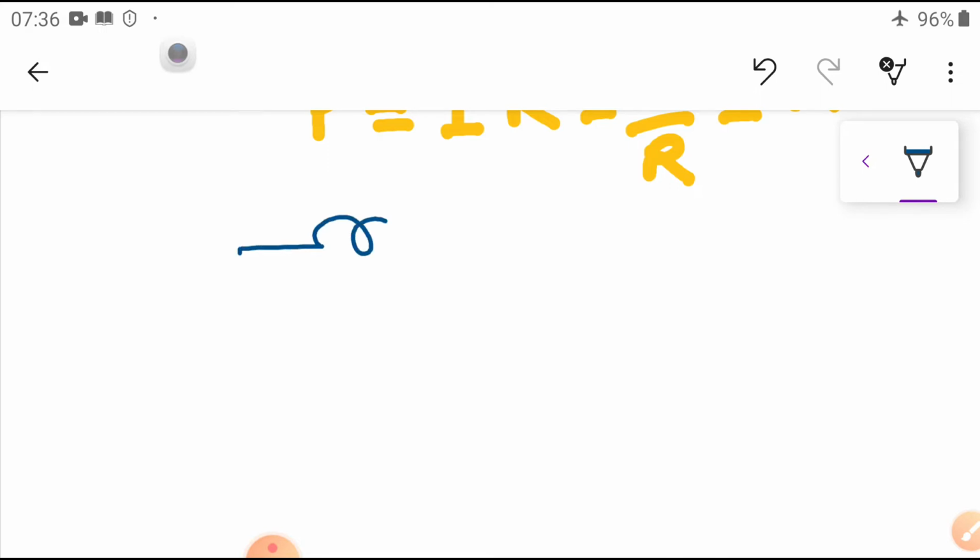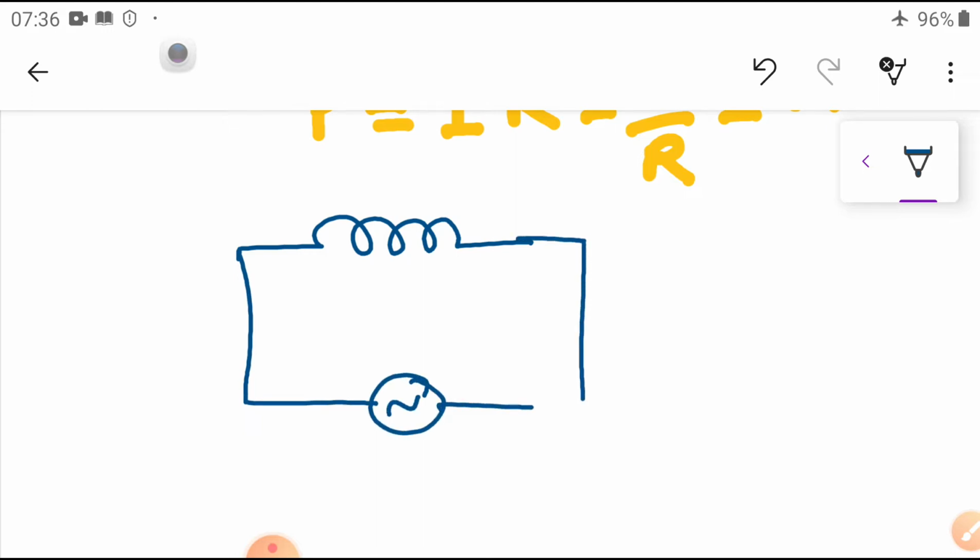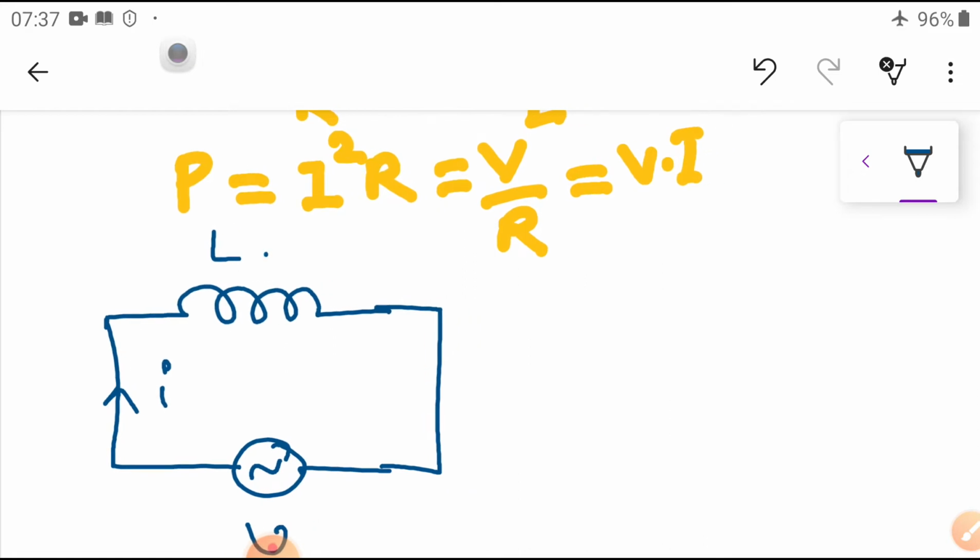If the same source is connected to our AC supply, this is L, this is I, this is V. Now, whatever the inductive value, its unit is Henry.